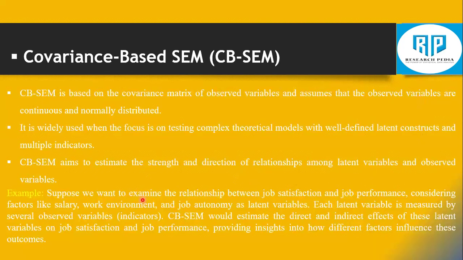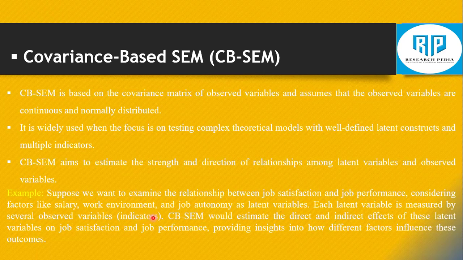So suppose we want to examine the relationship between job satisfaction, which is a latent variable, and job performance, which is also a latent variable. Considering factors, now the factors are basically the observed variables. So we may have factors like salary, work environment, and job autonomy. Each latent variable is measured by several observed variables, like indicators.